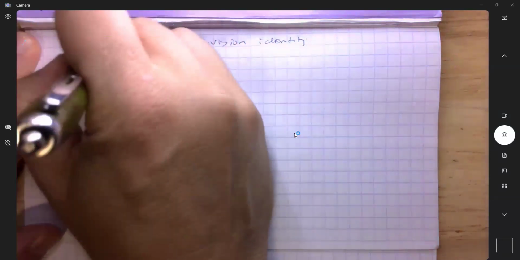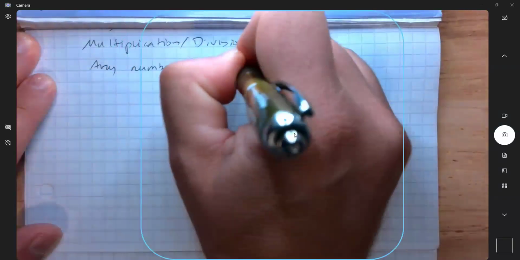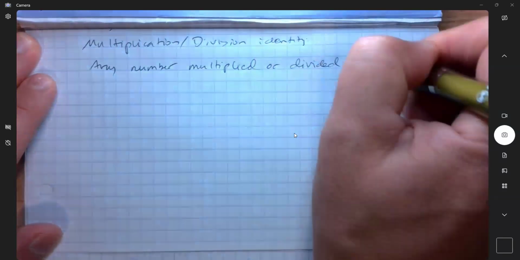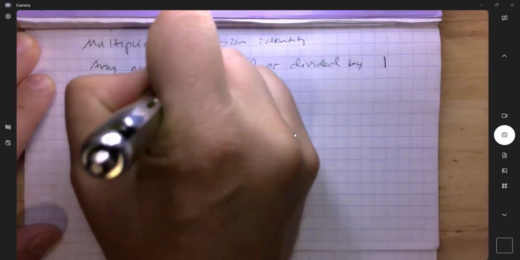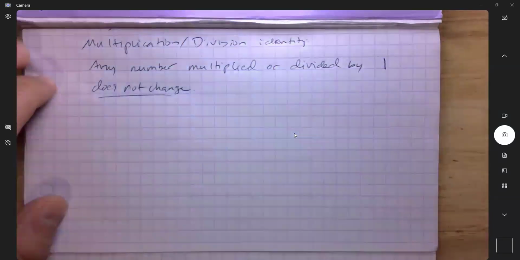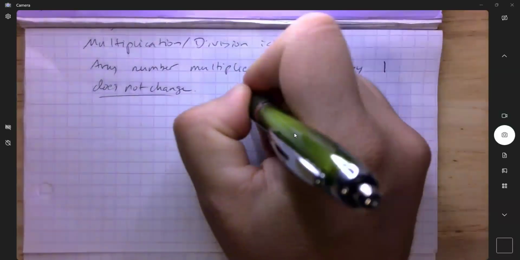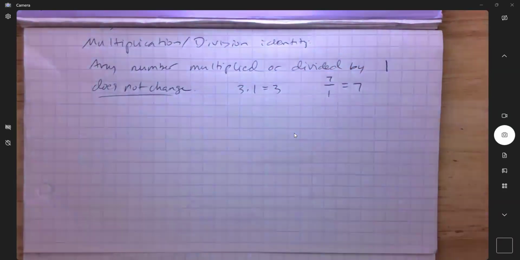And that is any number multiplied or divided by the number 1 does not change. Three times 1 is 3. 7 divided by 1 is still 7.